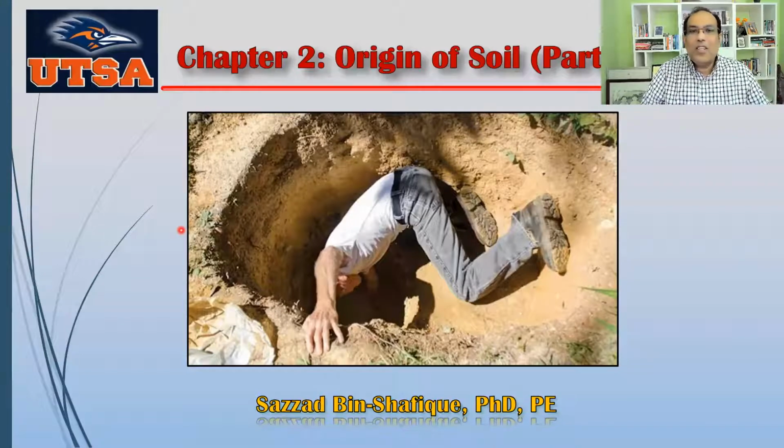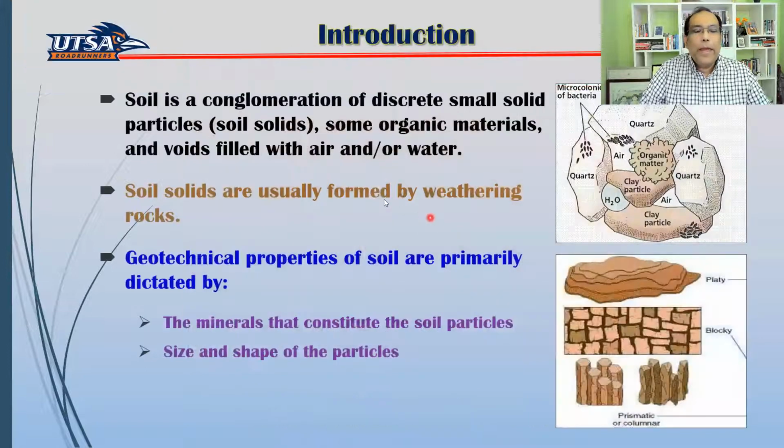Okay, let's start with the origin of soil. Basically, soil is a conglomeration of discrete small solid particles, which are also called the soil solids.